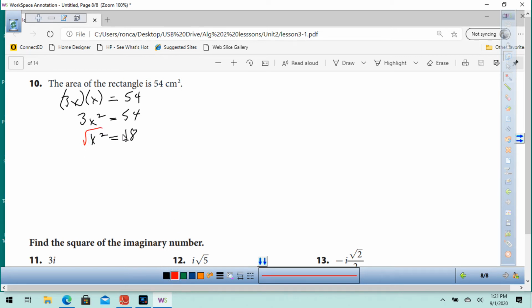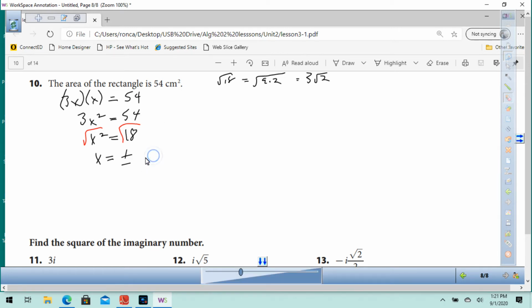Take the square root of both sides, and that gives us x equals plus or minus. Now 18, that sounds kind of funny. Well, I'm thinking that's the square root of 9 times 2, which gives me 3 times the square root of 2. 3 times the square root of 2.